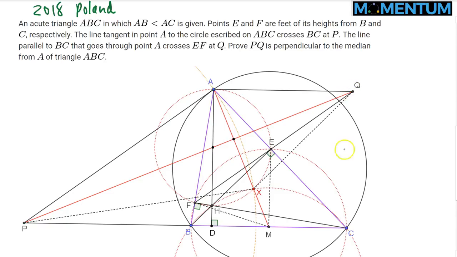AQ is parallel to BC, and Q is such that it is on segment FE. Well, it is on ray FE, I should say. Okay, so let's combine some of our results. First of all, like we said in our earlier result, AFHE, the circle is there, this dotted red circle, and FBHC, that circle, this dotted circle is there too.